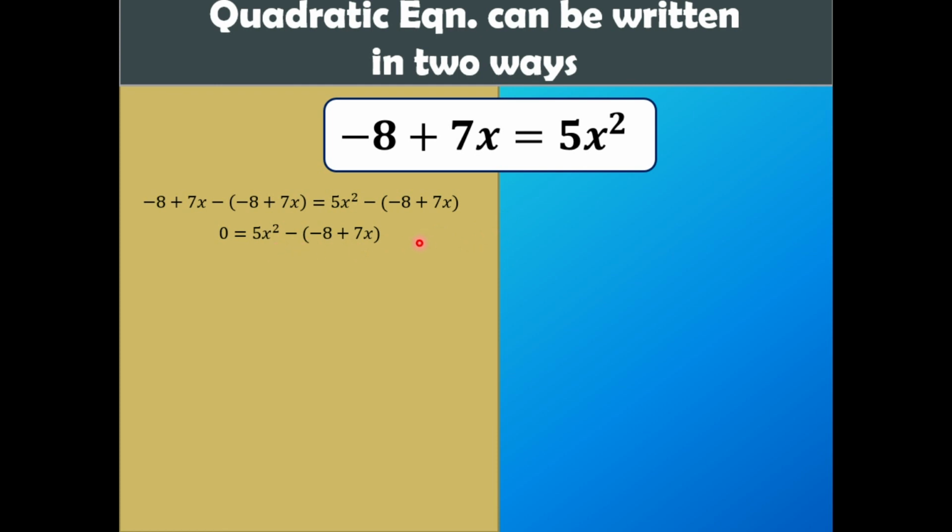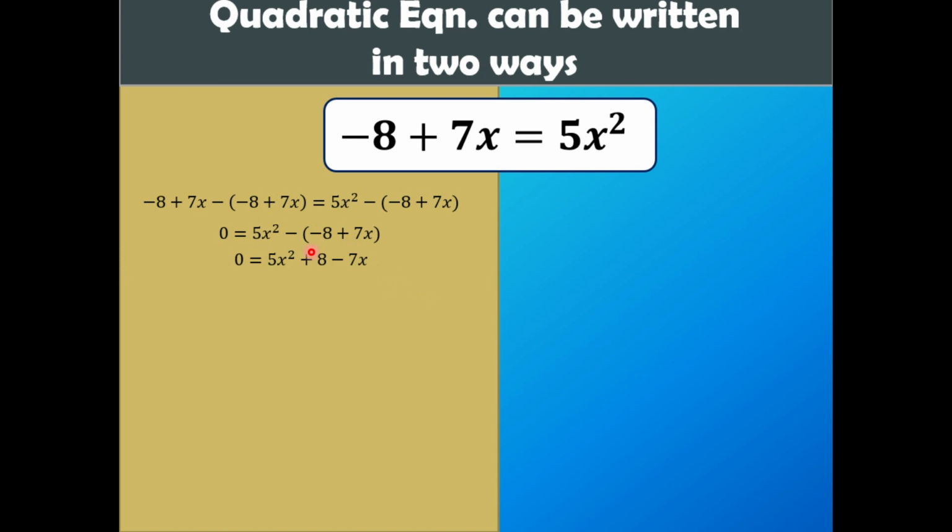We're going to simplify this parenthesis. So it will become 0 equals 5x squared. Now this is minus here, and the sign of 8 is negative, so it will become positive 8, and negative times positive 7x is negative 7x.